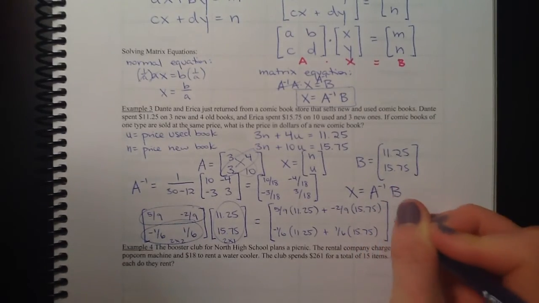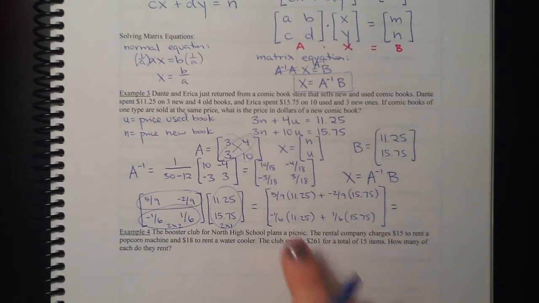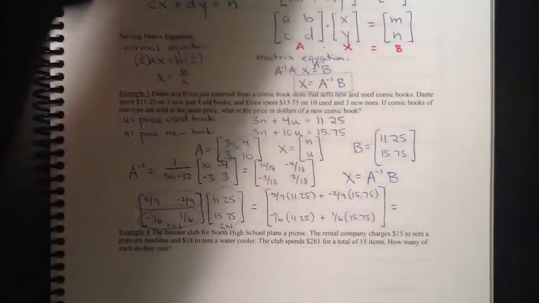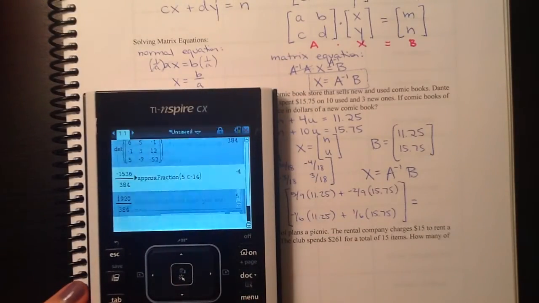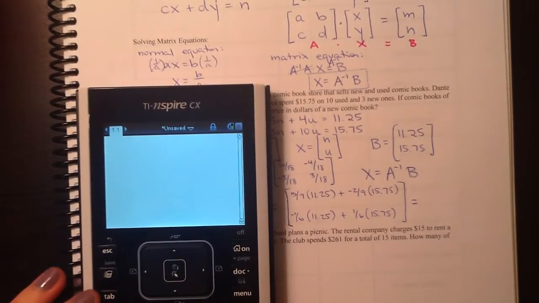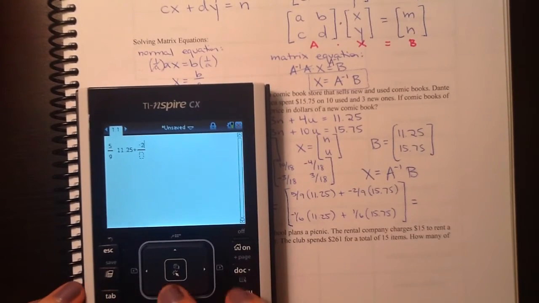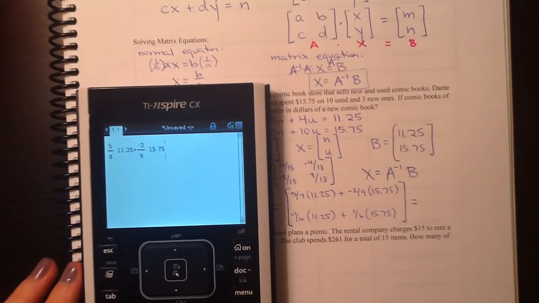So once I get this all cleaned up, this will give me my values. I am going to plug this into a calculator. Okay. So I have 5/9 times 11.25, and then plus -2/9 times 15.75.